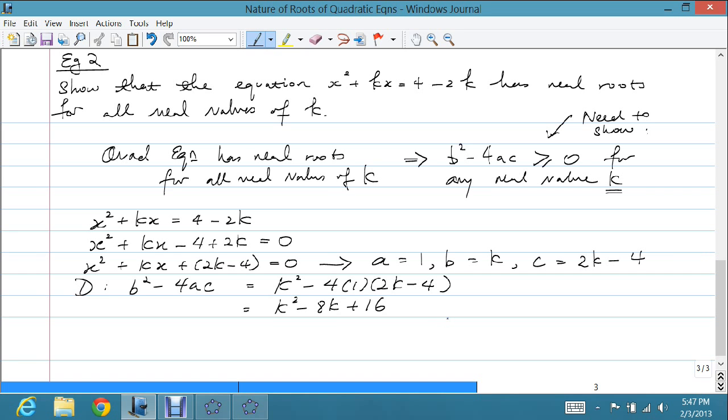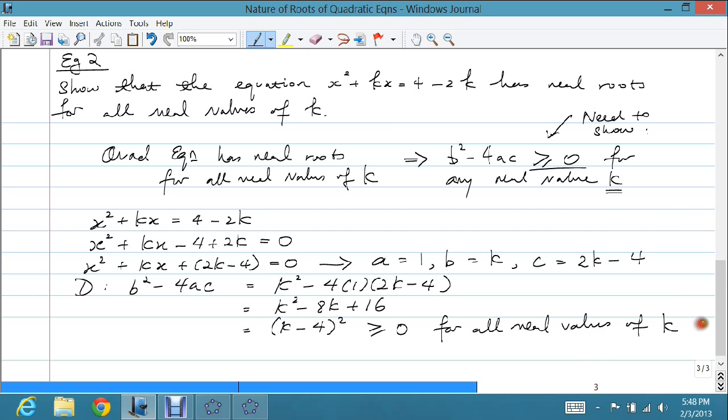But at this step, how do I know that k squared minus 8k plus 16 will give me a positive number or 0 for any value of k? Well, it so happens that k squared minus 8k plus 16 is a perfect square. And a perfect square must be bigger than or equal to 0 for all real values.